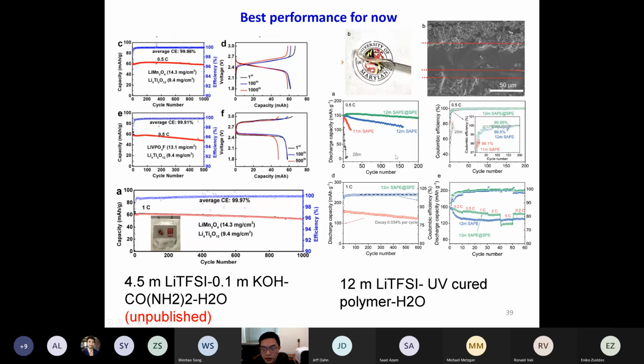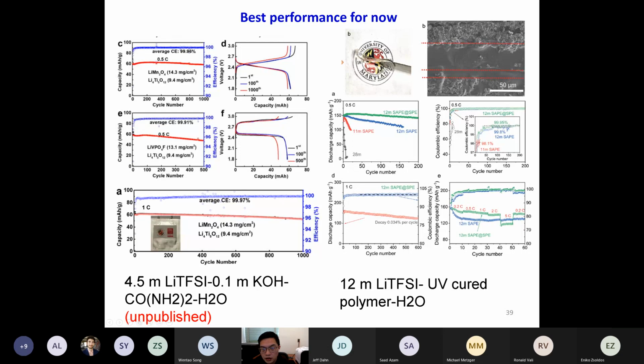And another work here is we use UV-cured hydrophilic polymers to act like a water stabilizer, and also to reduce the salt usage. That's a very cool, unique technology. It only takes about 5 seconds to cure the whole polymer, and it looks pretty much like a solid.